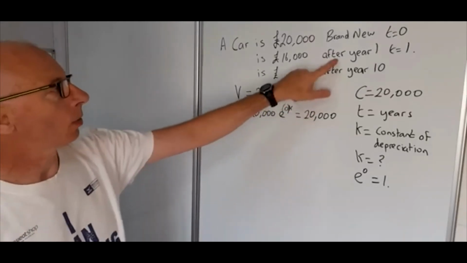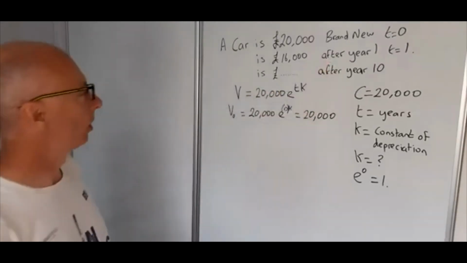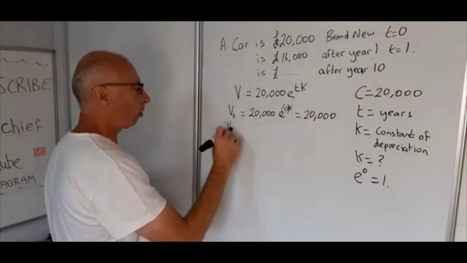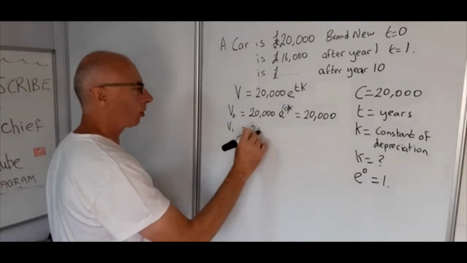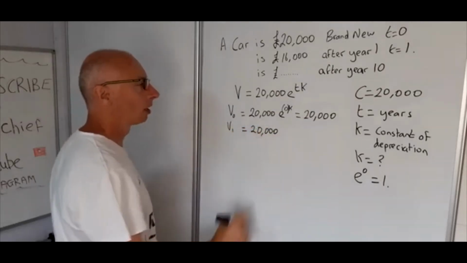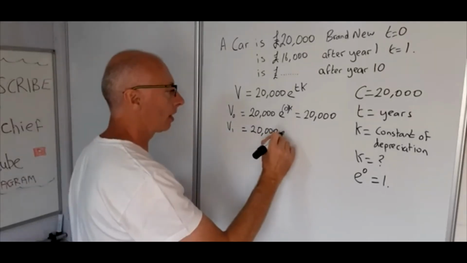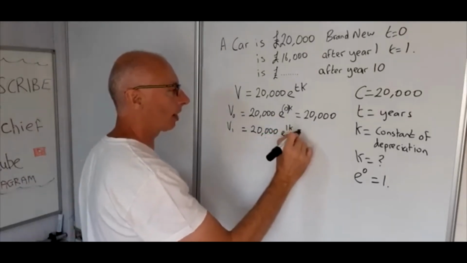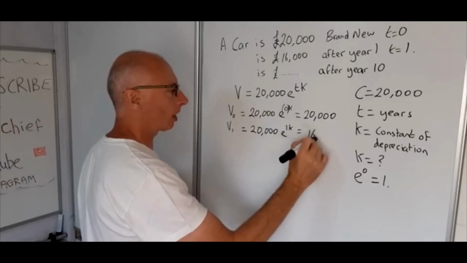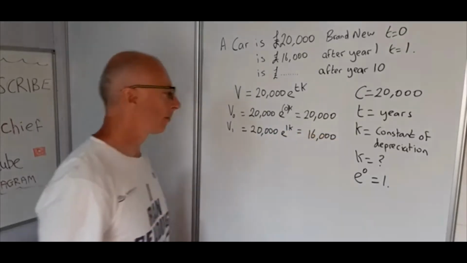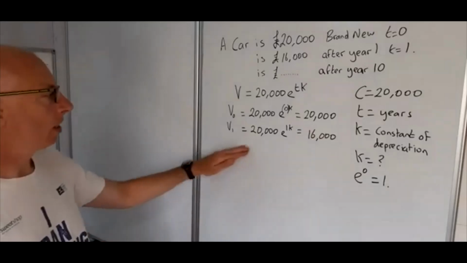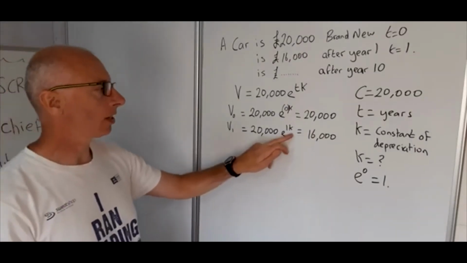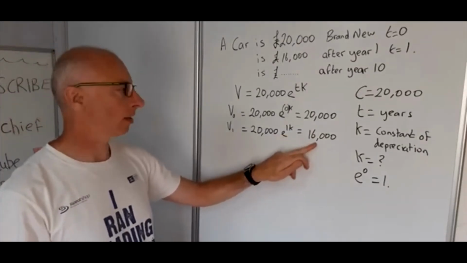So now what we need to do is for year 1. So V1 will equal £20,000 E, now put in a 1 times K, and that will give us 16,000. So we know 20,000 times E to the K is 16,000.